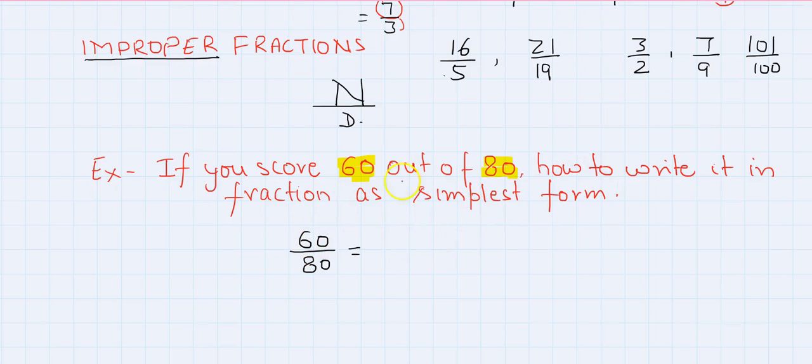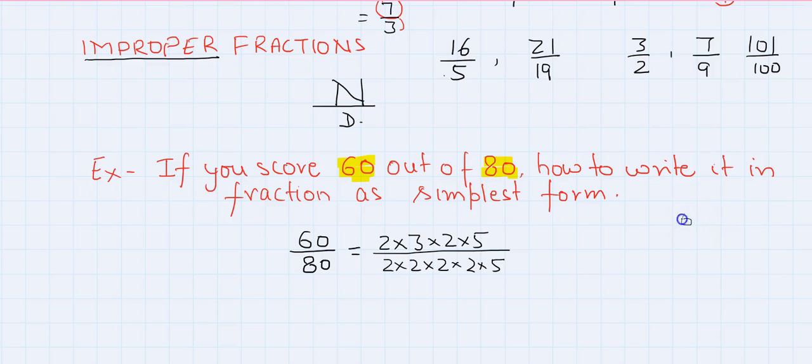So let's factorize 60. 6 can be written as 2 multiply 3, and 10 is 2 multiply 5. So these are the factors of 60. Then the factors of 8 are 2 multiply 2 multiply 2, and the factors of 10 are 2 multiply 5.